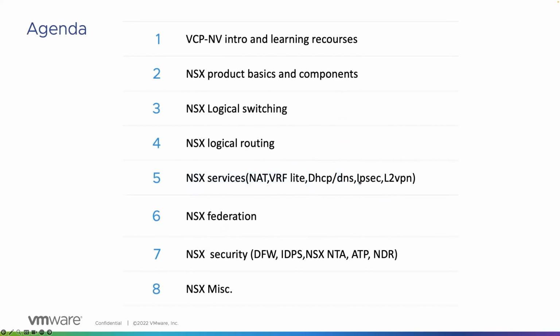So here's the agenda. As I said, we break it down into different aspects of NSX. For example, we're going to talk about components, infrastructure, switching, routing, and special NSX services, which are traditional network services: NAT, VRF, IPv6, DHCP, VPN.